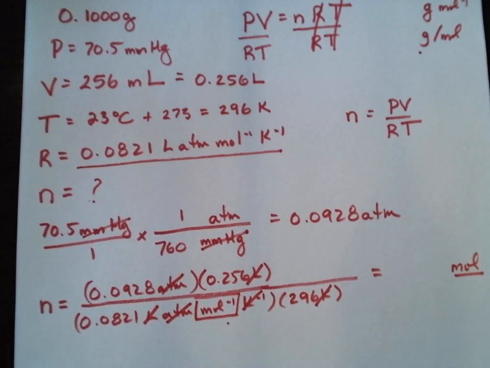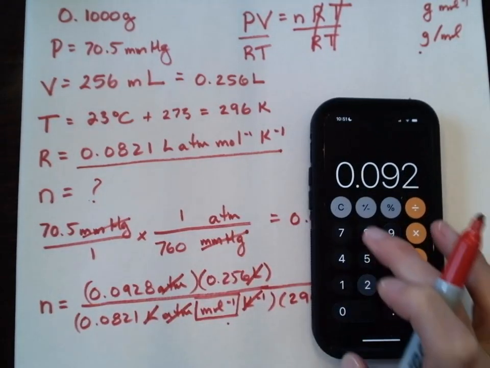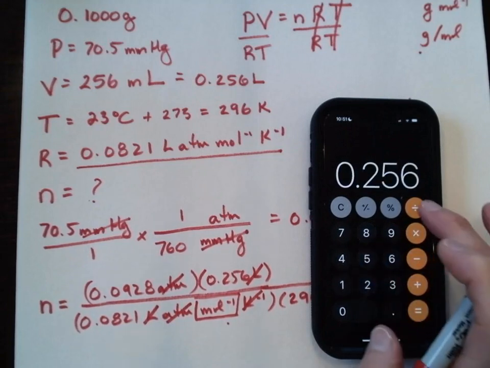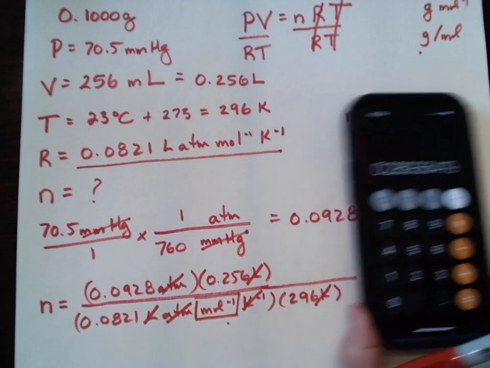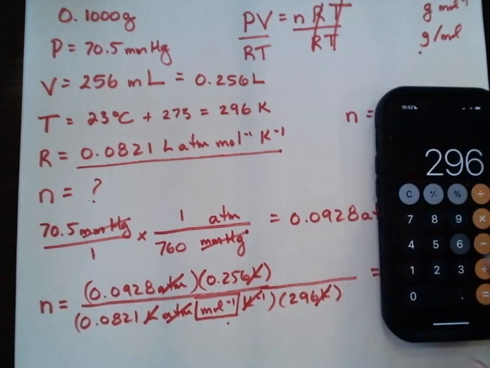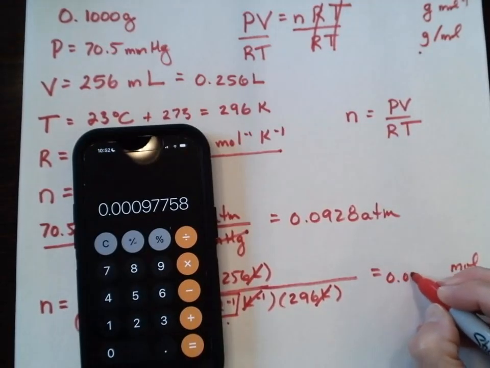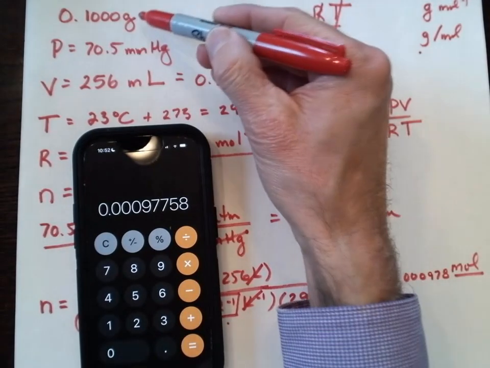Now it's just time to do the multiplication and division. So let's see. 0.0928 times 0.256, divided by 0.0821, and we're also going to divide by 296. That gives 0.000978 moles. So I got my grams, 0.1 gram.